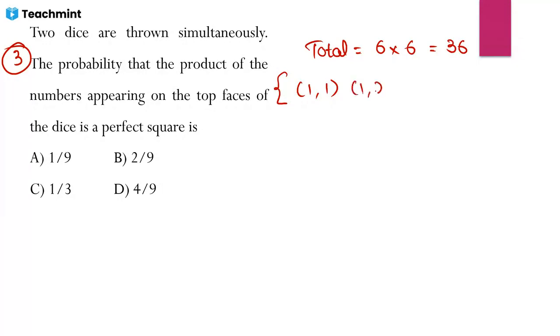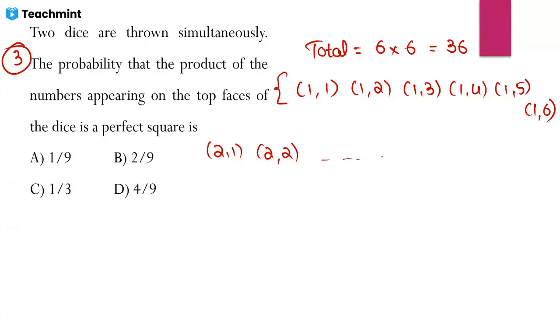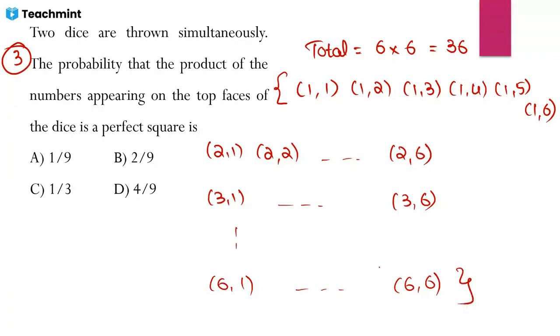Or here 1 and 2, 1 and 3, 1, 4, 1, 5, 1, 6. Or 2, 1, 2, 2, so on up to 2, 6. 3, 1, so on up to 3, 6. Likewise, 6, 1 up to 6, 6. I hope you got what is the total. Total is nothing but 36.